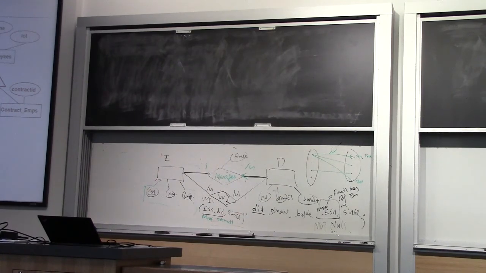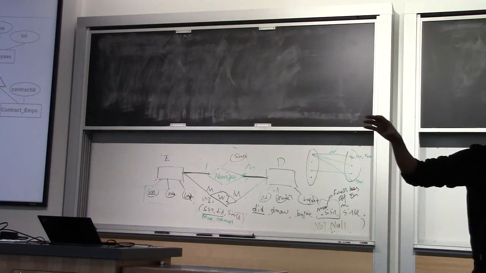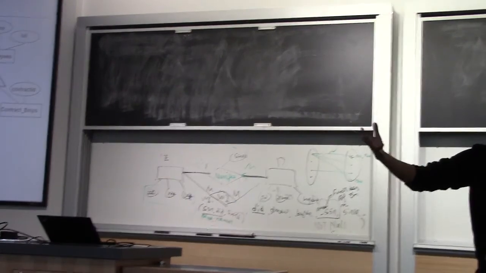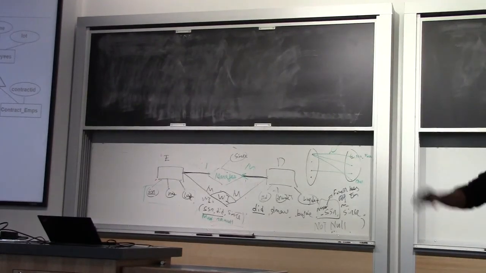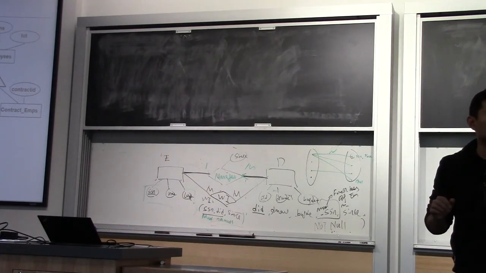That's choice number 1. Choice number 2 only works if the covering constraint is true. Recall what the covering constraint is: if the union of the 2 child entities covers everything from the parent, then you have the option of not creating 3 tables, but just creating 2 tables. You create an employee table and a contract employee table.